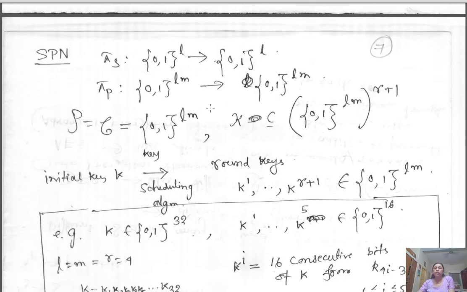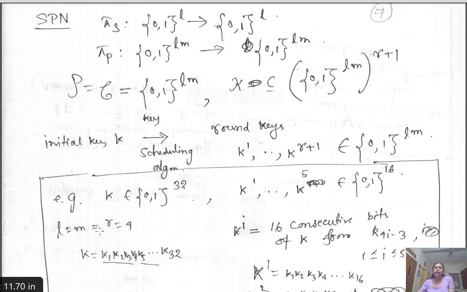This is one example of SPN where your substitution box is L bit to L bit. In this example, we have taken L to be 4. So a 4-bit string is substituted to a 4-bit string. How many 4-bit binary strings are possible? Total 16.